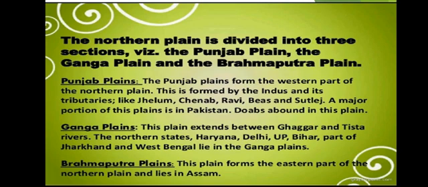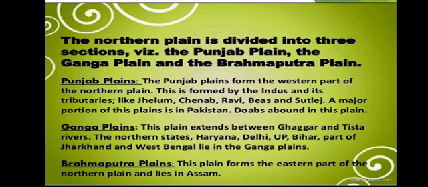This is formed by the Indus and its tributaries like Jhelum, Chenab, Ravi, Beas and Satluj. A major portion of this plain is in Pakistan. Doabs abound in this plain. Doabs I will tell you later. Second one is your Ganga plain. It extends between Ghaggar and Tista rivers.